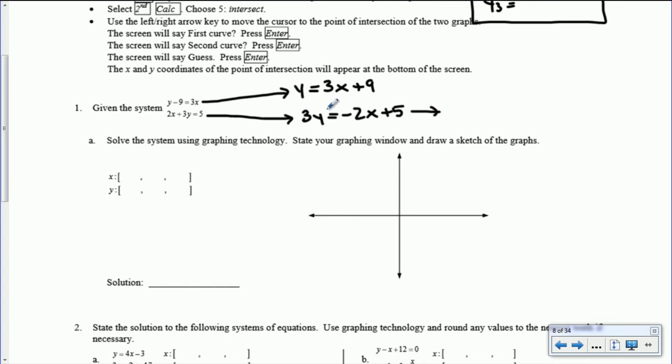And then I got to divide both sides by 3, so y equals negative 2/3 x plus 5 over 3. Right, got to divide the whole thing by 3. That gets divided by 3, that gets divided by 3, and same with that. So everything's over 3.